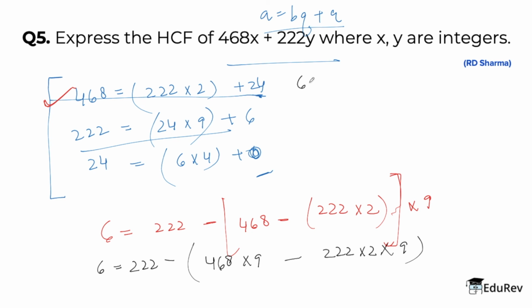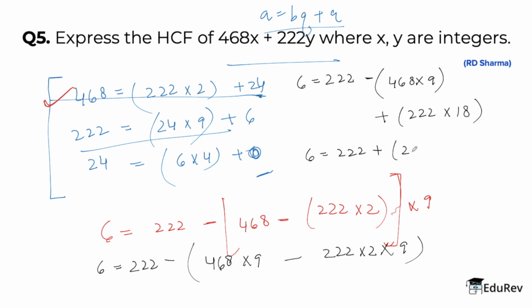If I further solve it, it's going to be 6 equals to 222 minus 468 into 9 plus 222 into 18. Correct? So this is going to be 6 equal to 222 plus 222 into 18 minus 468 into 9. Correct?